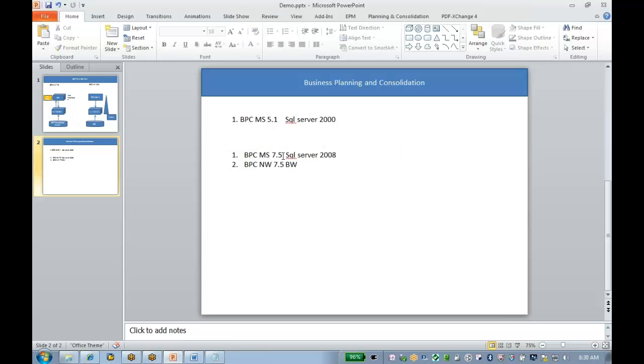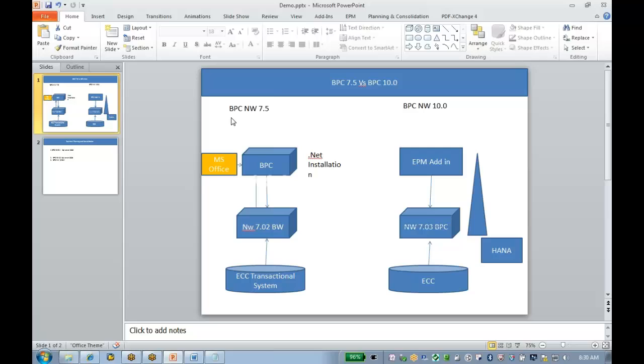Now the latest version is BPC 10, and BPC NetWeaver 10. This was released yesterday. Yesterday they launched this product. Now, what are the big changes from BPC NetWeaver 7.5 to BPC NetWeaver 10?